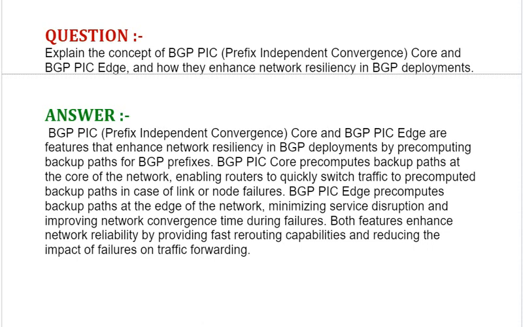BGP PIC edge pre-computes backup paths at the edge of the network, minimizing service disruption and improving network convergence time during failures. Both features enhance network reliability by providing fast rerouting capabilities and reducing the impact of failures on traffic forwarding.